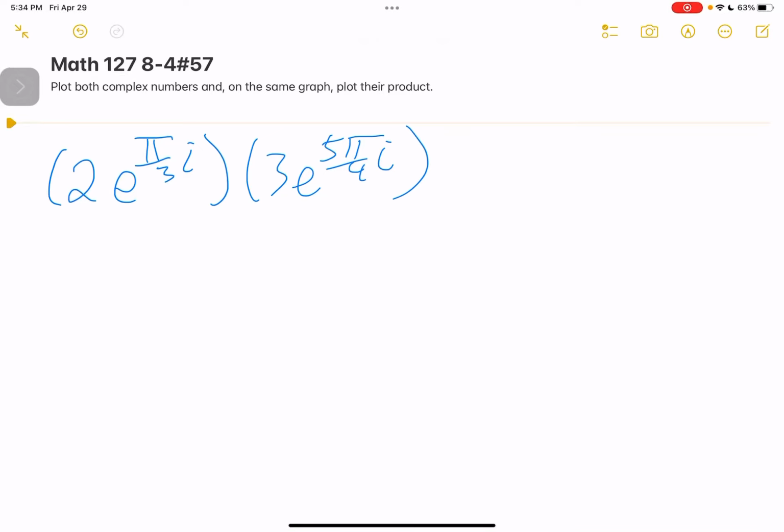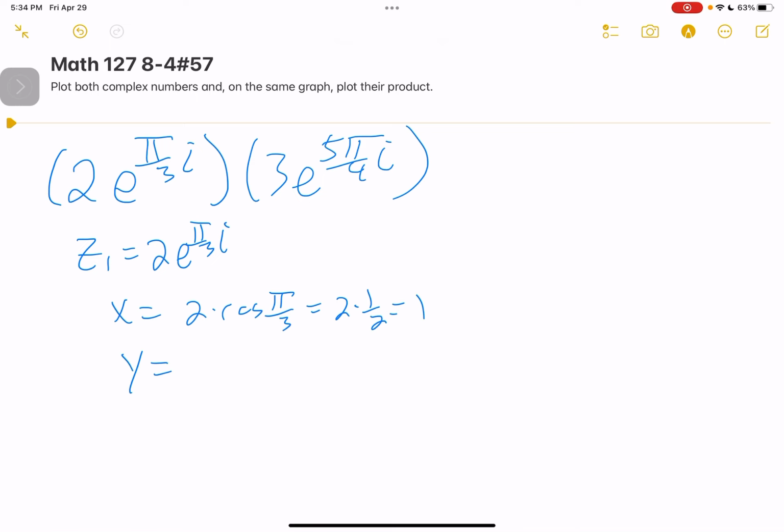This problem asks us to, this is number 57 from 8-4, plot both complex numbers on the same graph, and plot their product. So for this first one, z1 equals 2e to the pi over 3 i. So our x is going to be 2 times cosine of pi over 3, and that's going to be 2 times 1/2, which is 1.